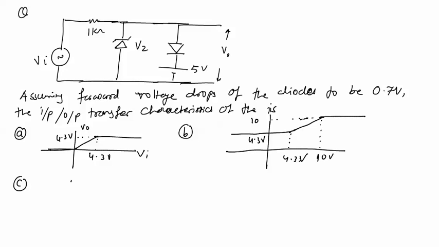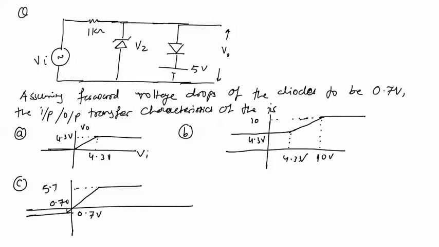Option C: 0.7 volt, 0.7 volt, 5.7 volt, and this is also 5.7 volt.